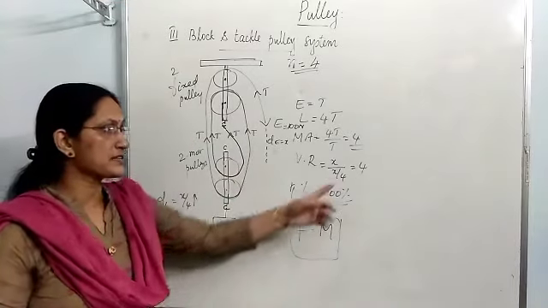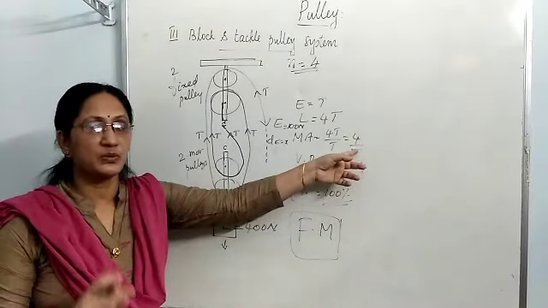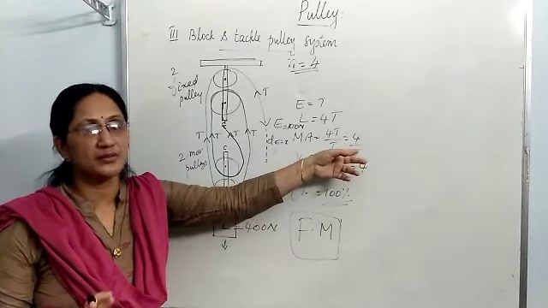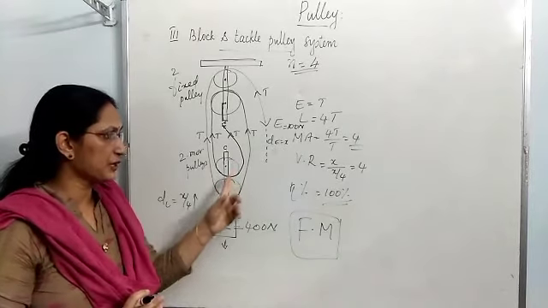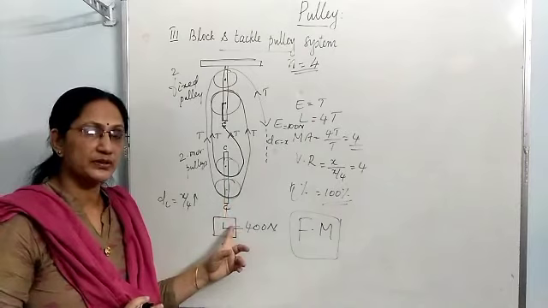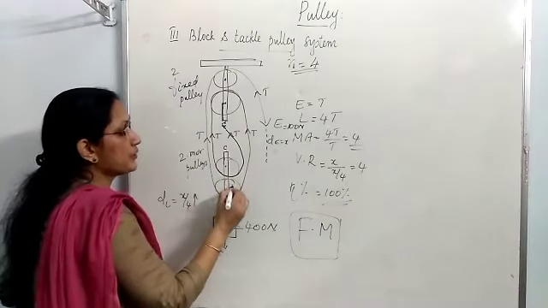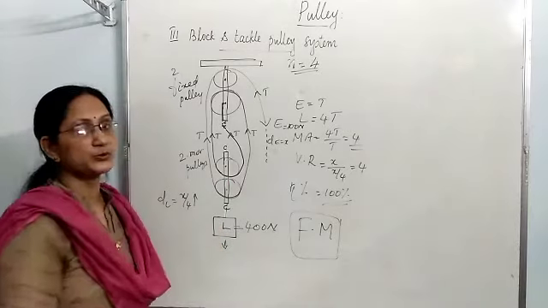So, in actual working condition, you will get mechanical advantage less than 4 only because of friction as well as weight of these movable pulleys, which is also added with the load. So, to have maximum mechanical advantage, these movable pulleys must be of light weight. Then you can lift more useful load.